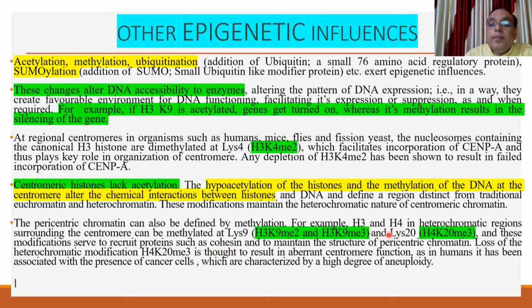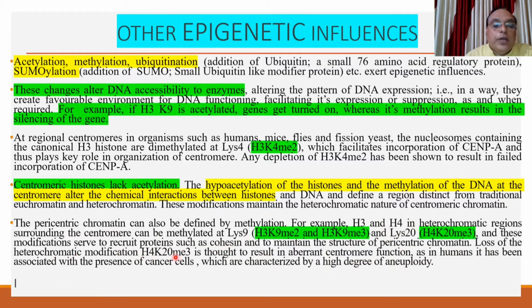So the modifications in the pericentric chromatin lead to the recruitment of cohesin, and this cohesin has an adhesive impact to maintain the structure of pericentric chromatin.